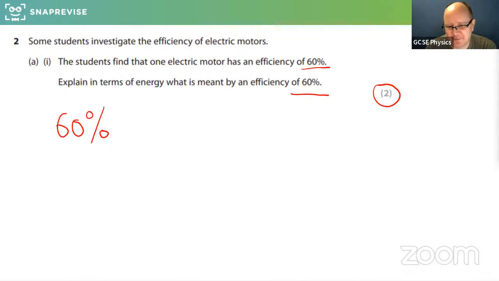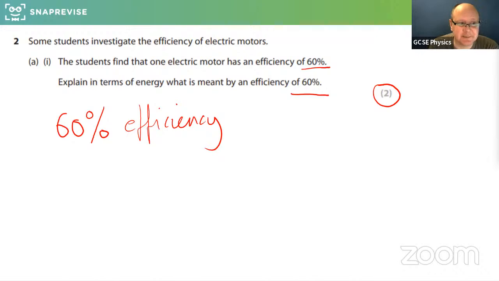So we're going to use a number. It makes sense to use the number that's given in the question. It might be good to quote the equation, Lahey. Yeah. We're not going to write an essay here, but a couple of good points about what that 60% efficiency means. So I'd probably combine what I was about to write here with what Lahey has said there. So 60% efficiency, yes, Samaya, indeed.